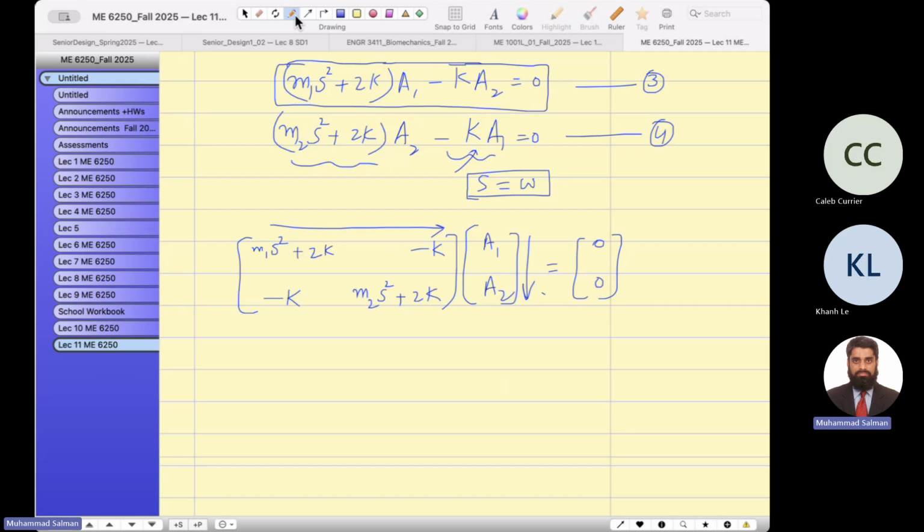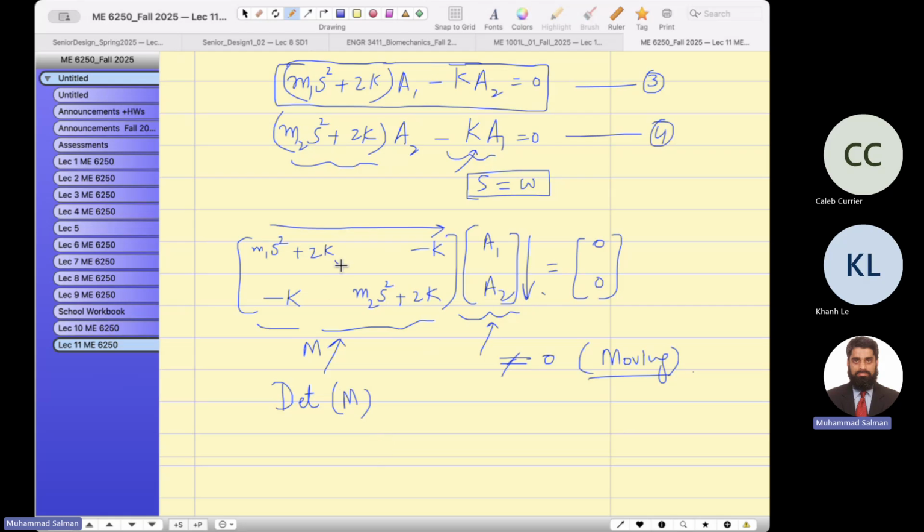Either this factor or this factor is 0, but a1 and a2 cannot be 0, because both masses are moving. So the only factor which can be 0 is the determinant of matrix M. Agreed?